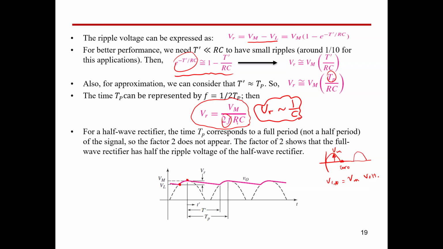Regarding R, it is nothing but the load seen by the rectifier. Whatever load we have on the rectifier, it will have an effective or equivalent resistance. So this equivalent resistance is also load dependent. We don't know what will be applied to your load, so you have no access to control R. But the only thing you have access to control here is the capacitance value.